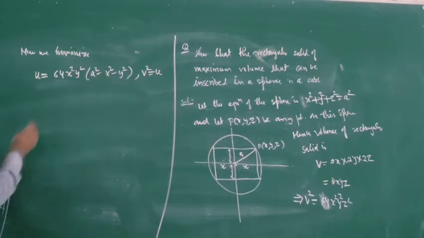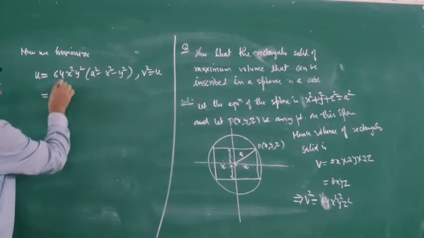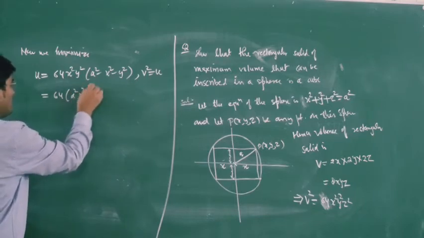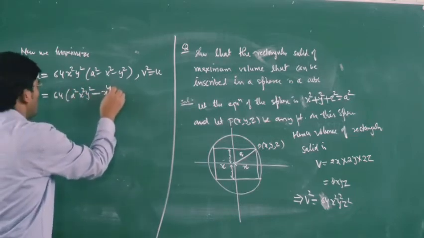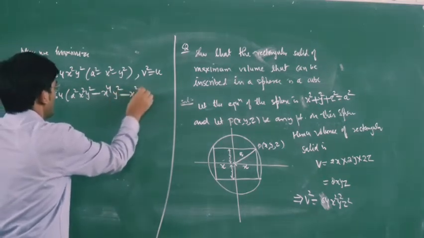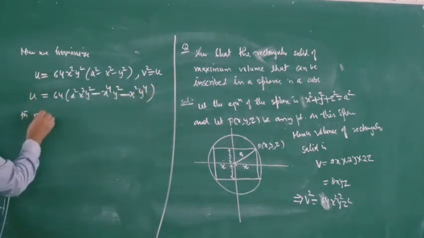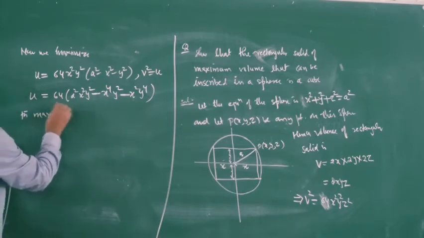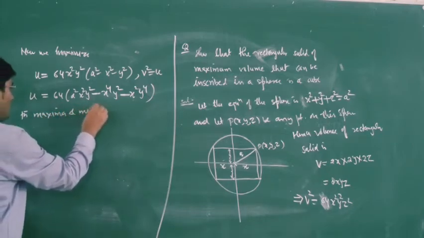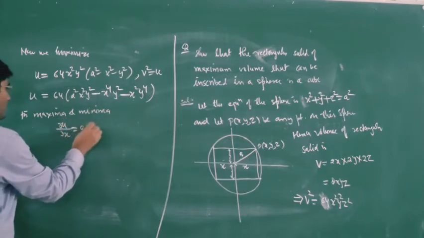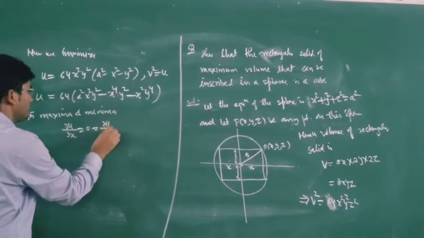So for maxima and minima, now let us send this value inside this bracket. So we have a square x square y square, then we will have x power 4 y square, then x square y power 4. So for maxima and minima, del u upon del x is 0 and del u upon del y equal to 0.